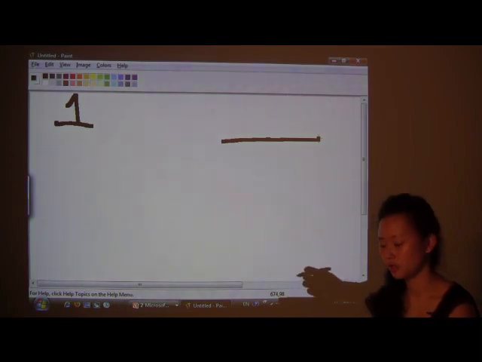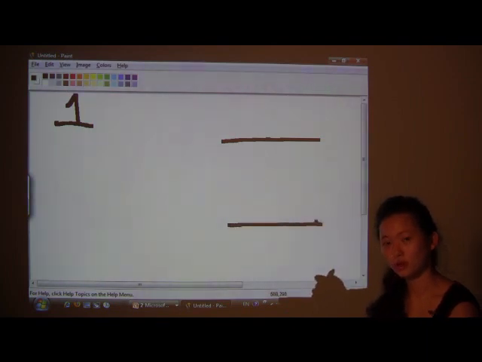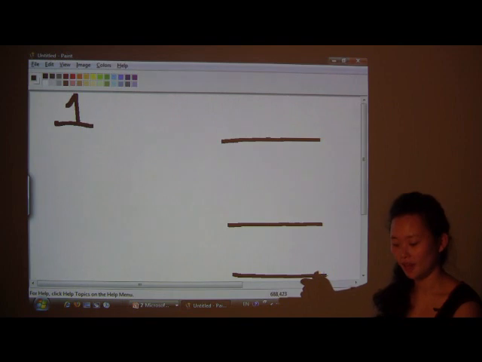Again, we say just one horizontal line. Simple, right? And again, three ones. Like that. Now, we can talk about the number 2.